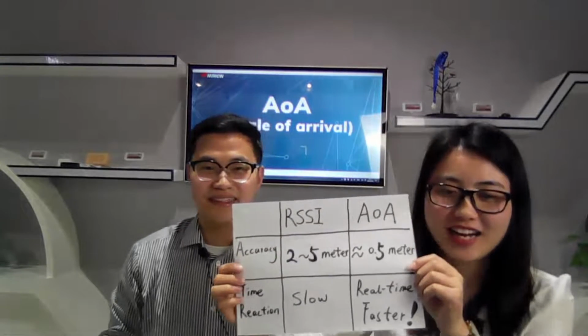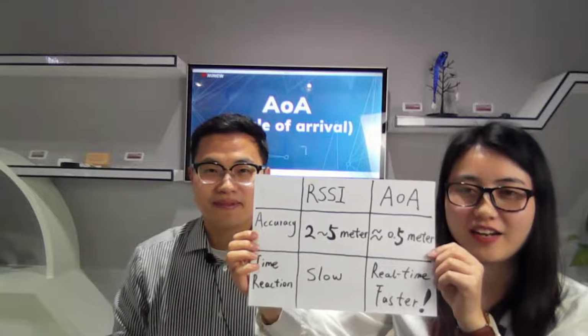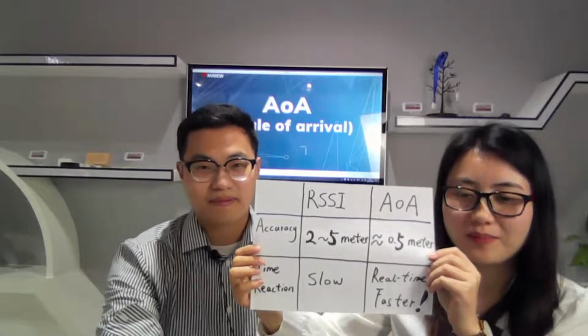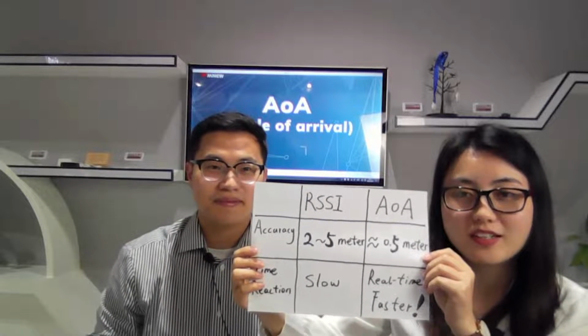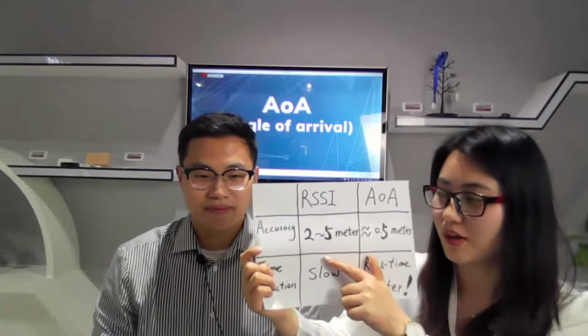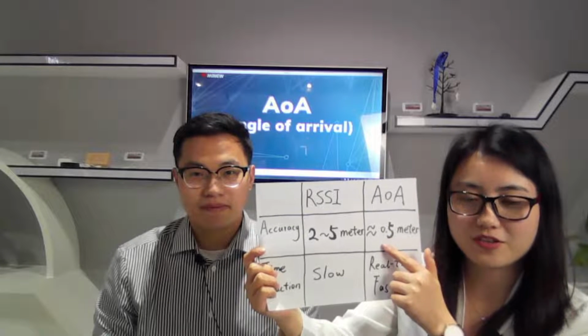So you know the benefits of the AoA now. I think you can share the accuracy between the RSSI and the AoA. Here is the comparison between RSSI and AoA. Compared to RSSI, the location accuracy of AoA is sub-meter class, while RSSI-based technology is around 2 to 5 meters, and AoA is around 0.5 meters.